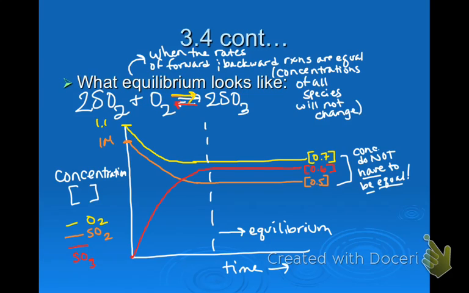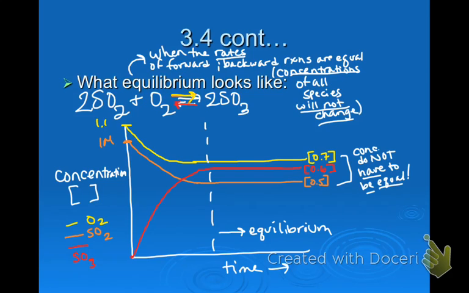That is not a requirement for equilibrium. All that is a requirement for equilibrium is that the rate of the forward and backward reaction is equal, which means your concentrations do not change. Those are your requirements. So that's why we've been talking about rate.